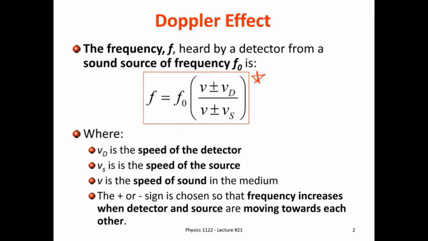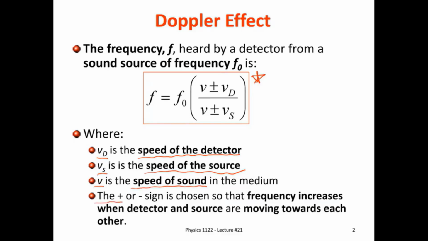And so what's contained in this equation are the symbols v sub d, which represents the speed of the detector. v sub s represents the speed of the source. v is the speed of sound in the medium. So in air, for example, at room temperature, that'd be 343 meters per second.